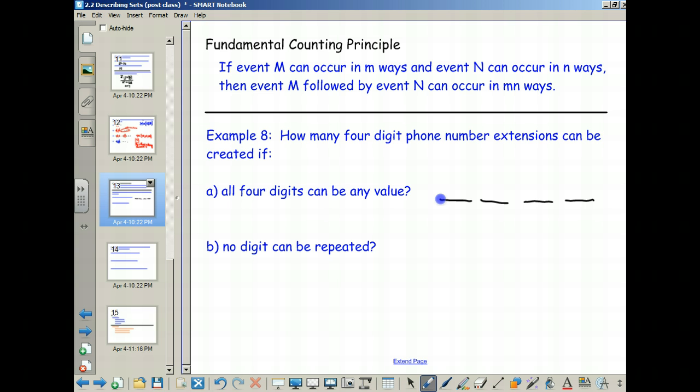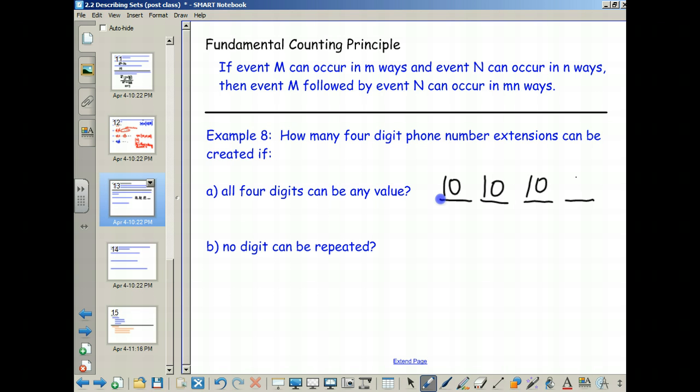And the first statement, part A, says all 4 digits can be any value. How many different values could go in the first placeholder? 10. Numbers 0 through 9, right, Kayla? Yeah. And if it can be any value, how many different choices do I have in the second digit of my phone number? 10. And the third?